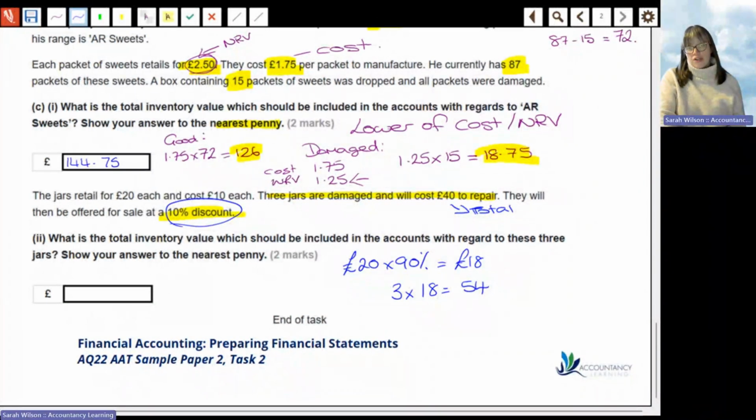But we've got costs to repair of 40, which equals 14. So again, this is now going to be our net realisable value. So how much can we actually make from these, which we've got to include our cost to repair.